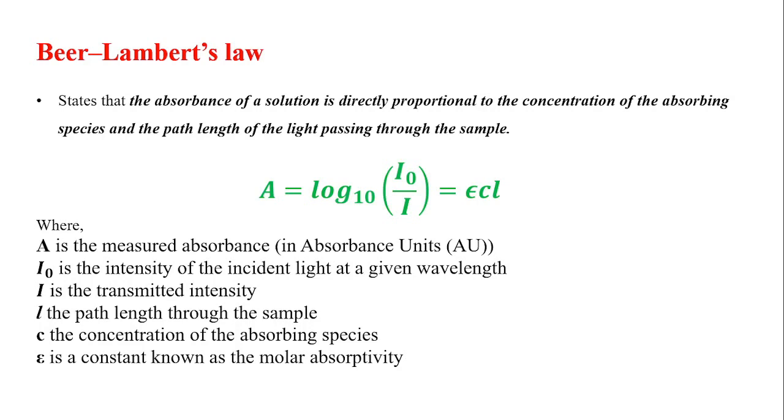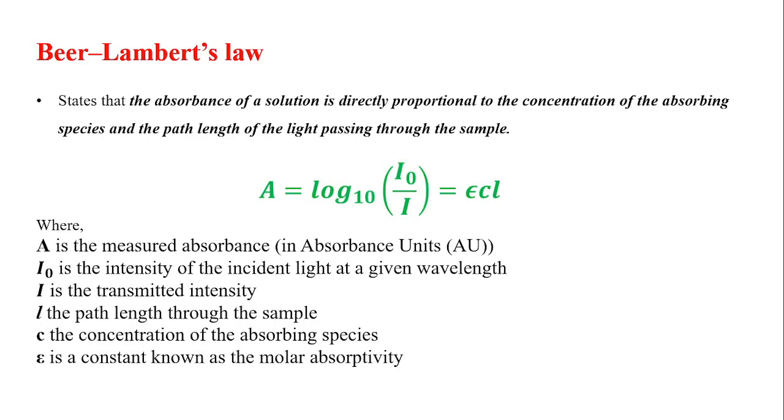It means that the total absorbance of a solution, the total light absorbed by any solution, is directly proportional to the concentration of that absorbing species. The more the concentration, the more the absorption. So absorbance is equal to εCL.